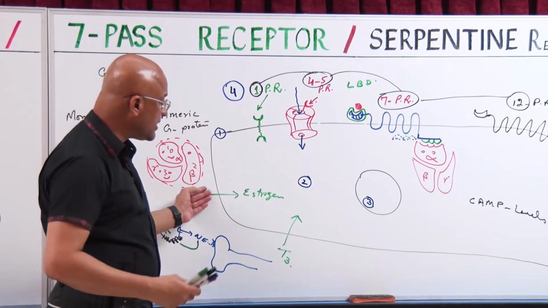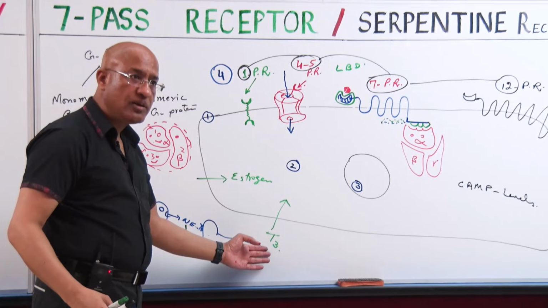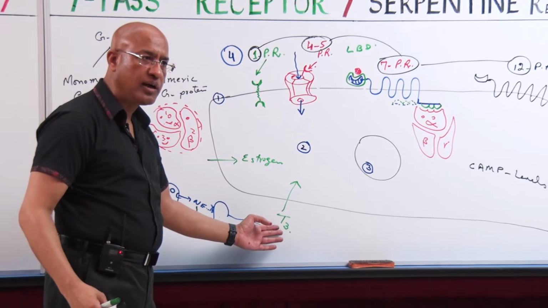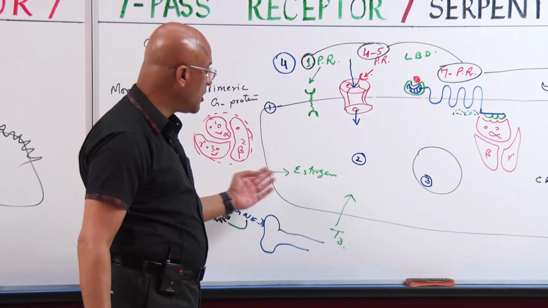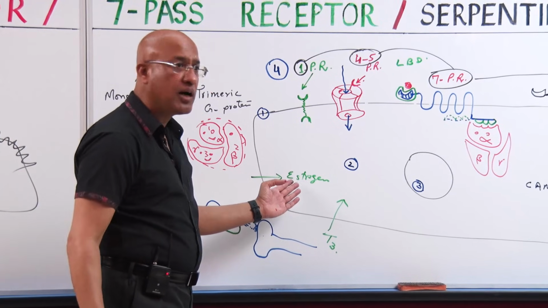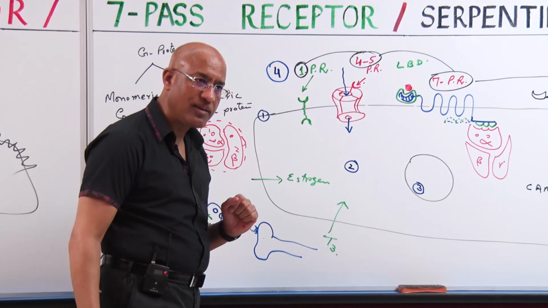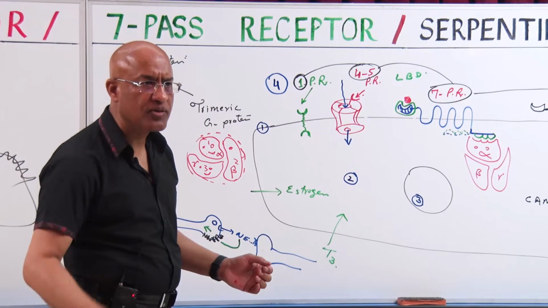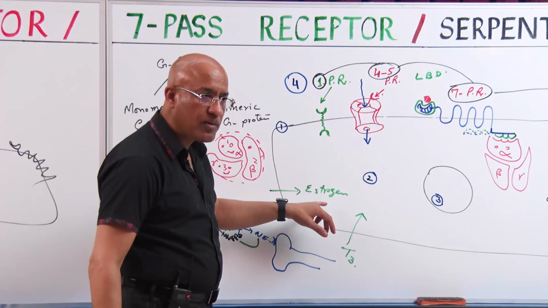T3 is a significantly small molecule and can go inside, and estrogen, of course, is derived from modifications over the cholesterol molecule, which is lipid soluble, and can go inside the cells. So such molecules, or even vitamin D3, their receptors are where?